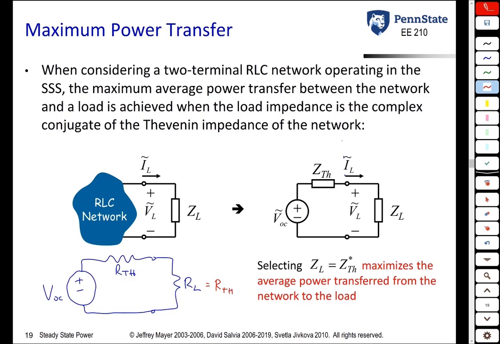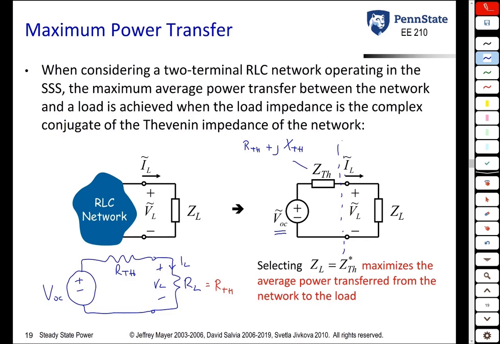In other words, maximum power transfer was a good balance between increasing the voltage across the load and increasing the current into the load. In the AC case, we're going to see that we have a similar but not identical situation. So if we replace the circuit by its AC Thevenin equivalent, so it has a Thevenin voltage VOC phasor and a Thevenin impedance, Z Thevenin, which of course is composed of a real part, R Thevenin, plus imaginary part, jX Thevenin.